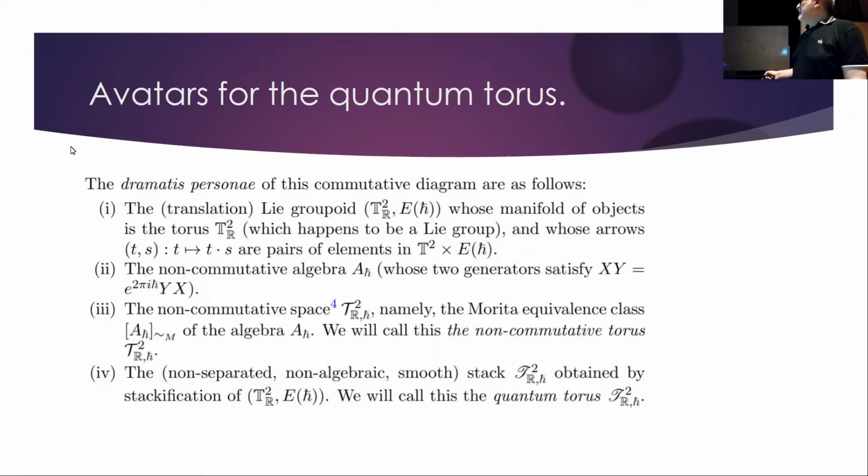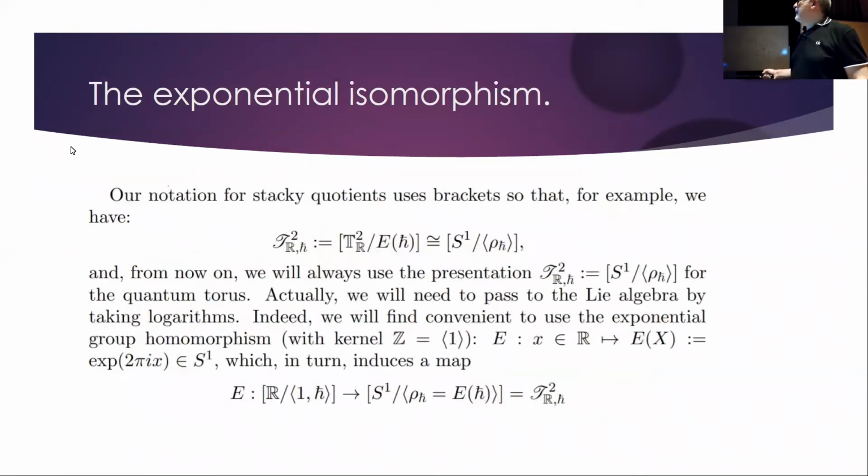And then there is just the quotient, a non-separated, non-algebraic stack obtained by the stackification of the groupoid. And we will use the stack. So the stack is this quotient stack, S1 modulo the rotation by H bar.